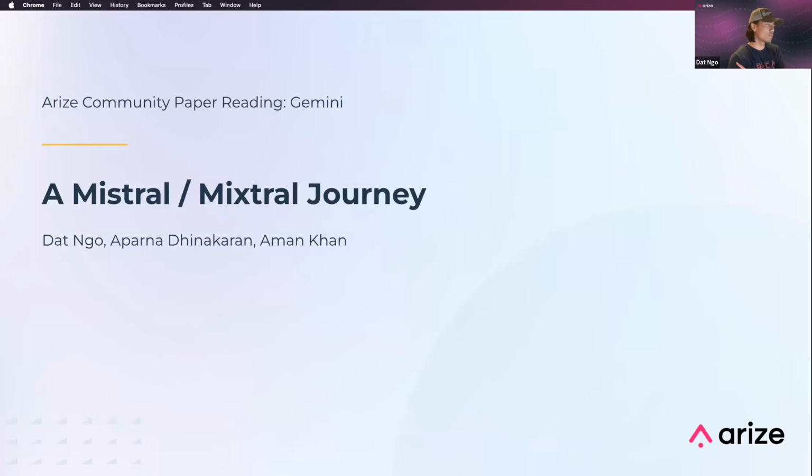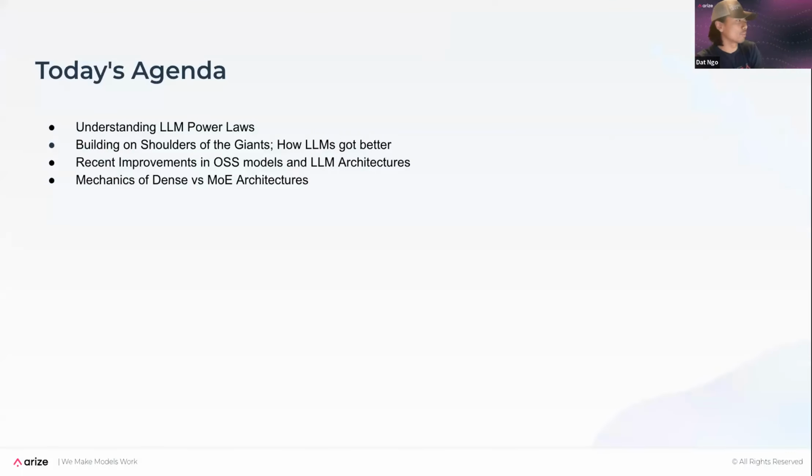So for today's presentation, I'm going to go through a little bit of the agenda. There's a lot of context knowledge that we want to give you all to really understand how we got here. How did we get to such a great open source model with Mistral and Mixtral? So we'll definitely cover concepts like power laws in large language models, what that means, those relationships, and how researchers and people who train large language models are thinking in the space.